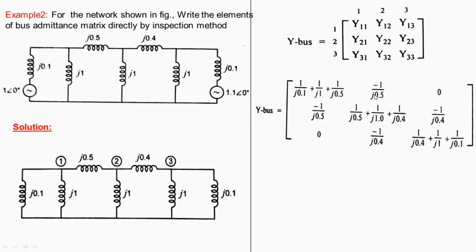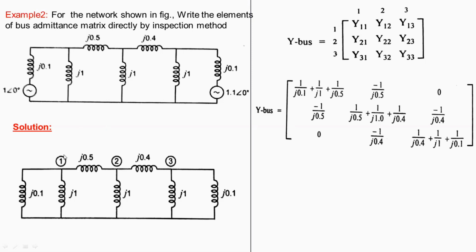Then calculate the mutual admittances. Mutual admittances are the negative of the admittances connected between the 2 buses. Here first calculate y12. Y12 is equal to y21. Here the given value is impedance. We take the reciprocal: minus 1 divided by j0.5. Then calculate y13.